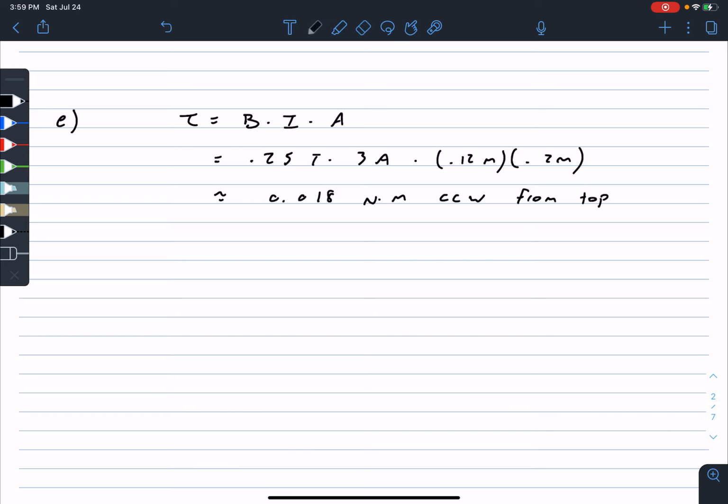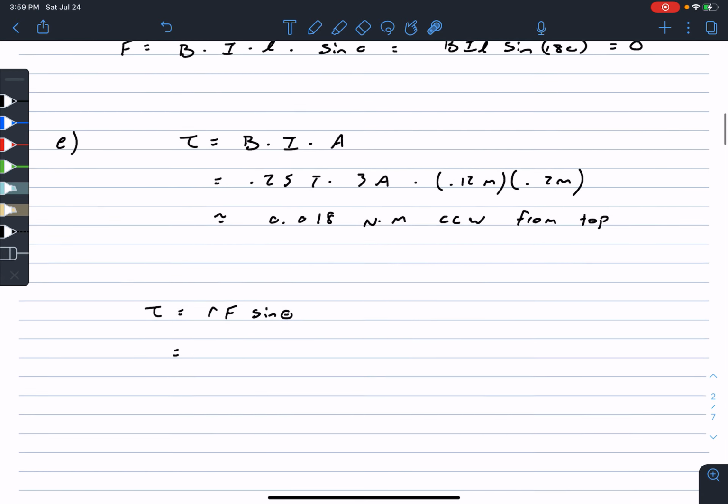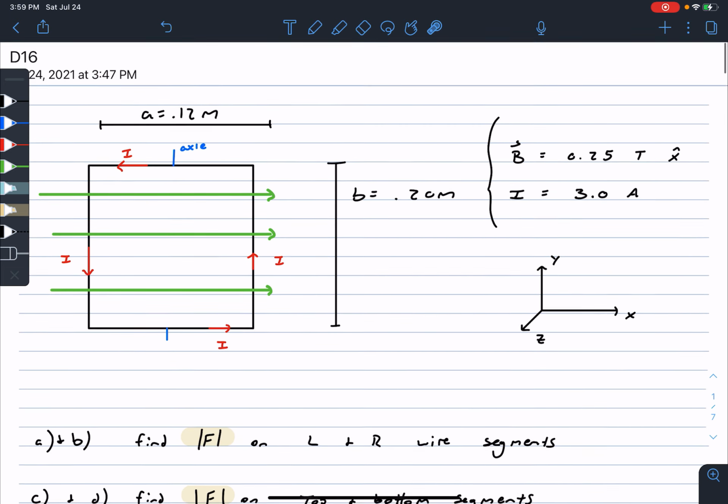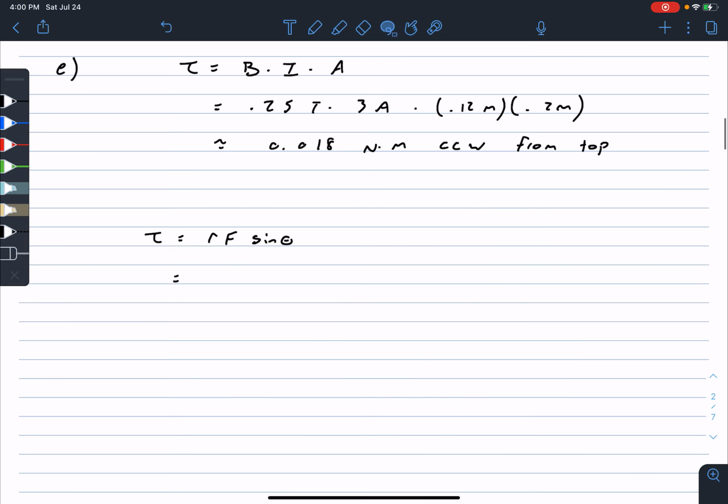One other way, real quick, that you could do this is if we recall that torque is equal to RF sine theta from intro mechanics, and then R would just be the length of the side, and if you plug that in, you should get the same answer.